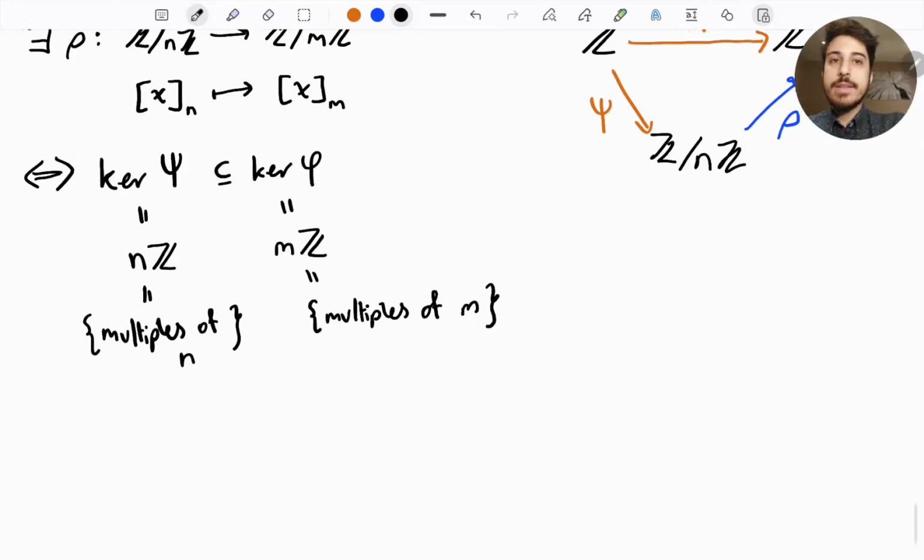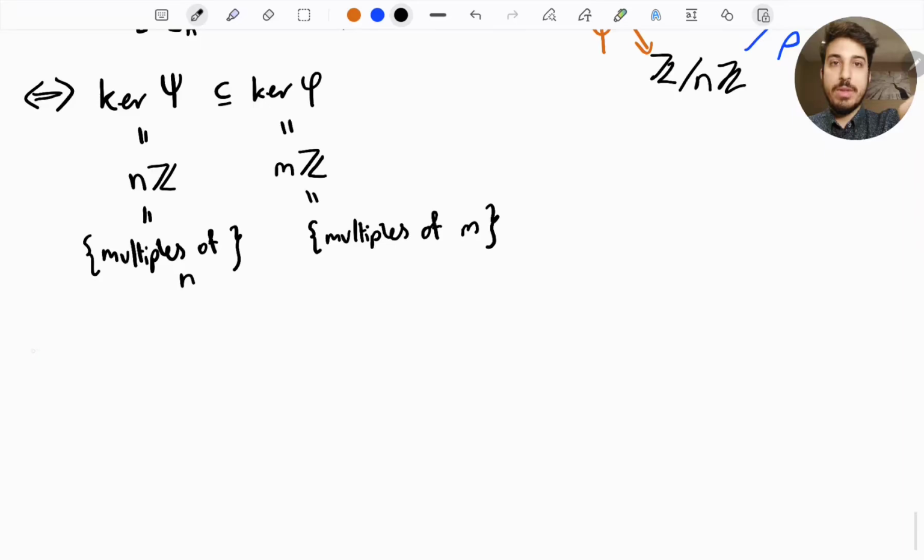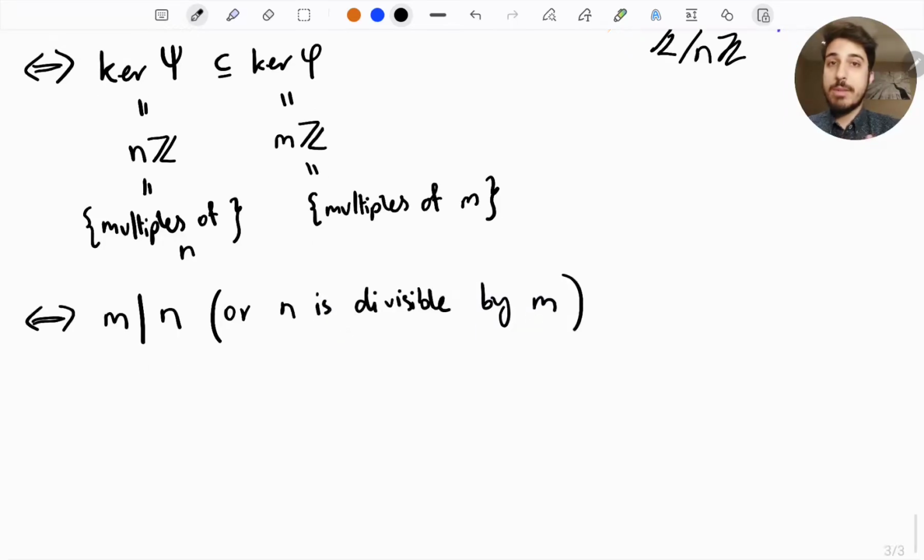So when is the set of the multiples of n included in the set of the multiples of m? Well, this is true if and only if m divides n, or another way to say it, n is divisible by m. And how is that possible?